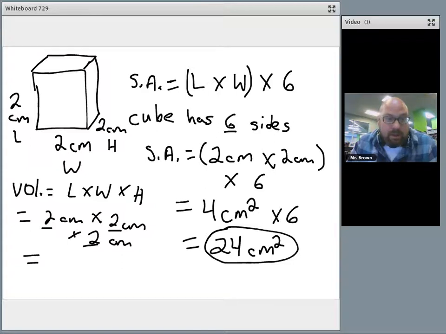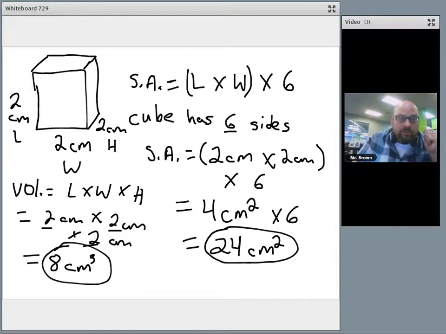Because there are 3 centimeters multiplied, you have centimeters to the 3rd power, which is centimeters cubed. That would be the volume of that cube. So volume is just length times width times height. Surface area is length times width, multiplied by 6 if all the sides are equal. If not, just take the area of each side and add them all together.